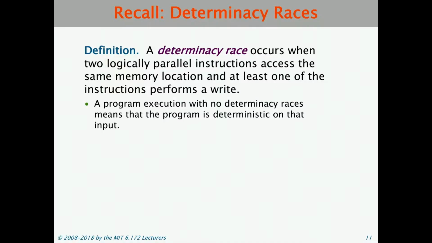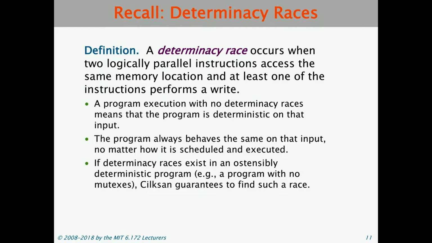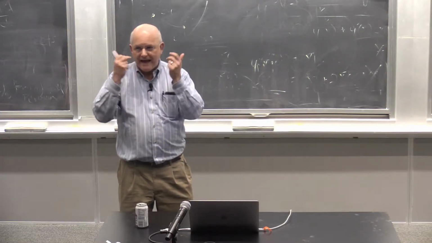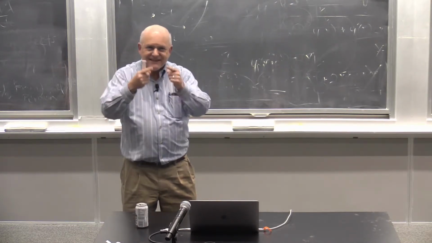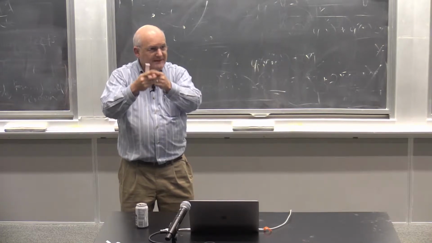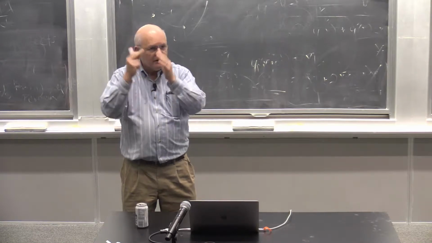If you have no determinacy races, it means that the program is deterministic on that input and that it always behaves the same, okay? And remember also that if a determinacy race exists in an ostensibly deterministic program, then the race detector is guaranteed to find it. Now, if you put in mutexes, you still have a non-deterministic program. You still have a race, because you have two things that are logically parallel that are both accessing the lock. That's a determinacy race.